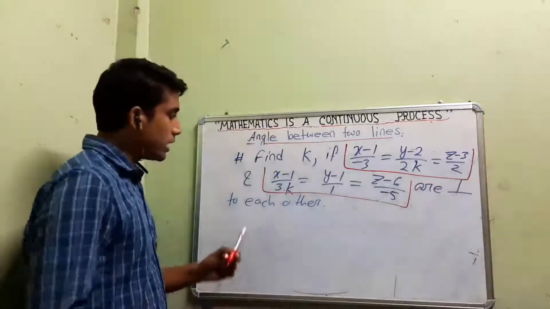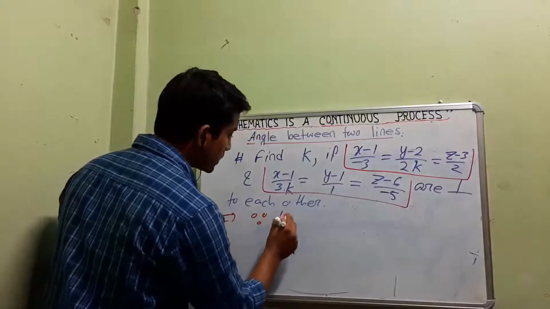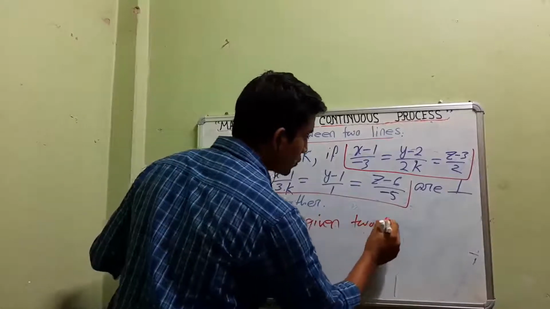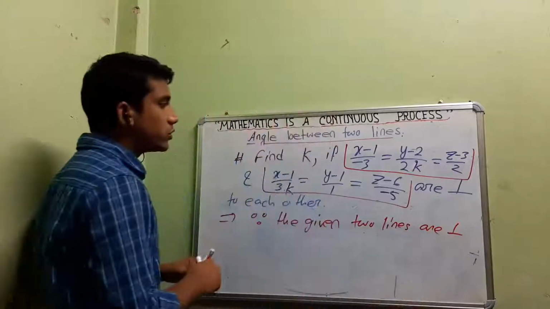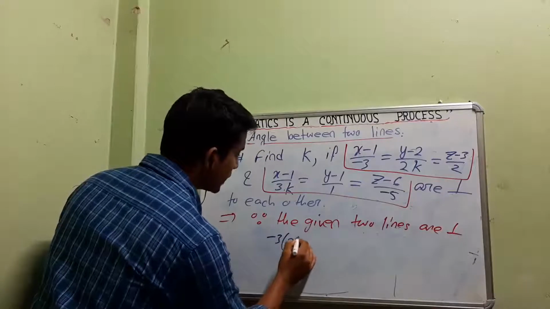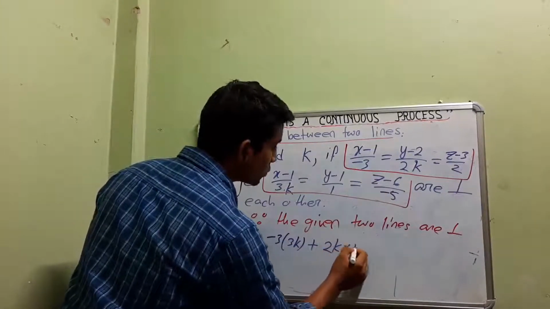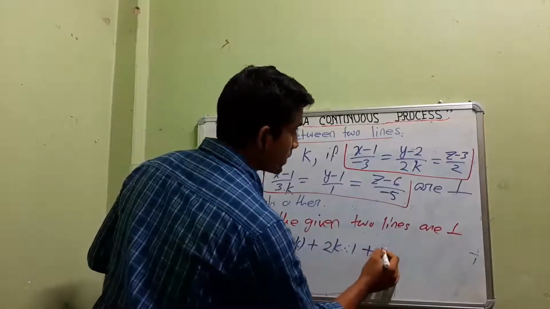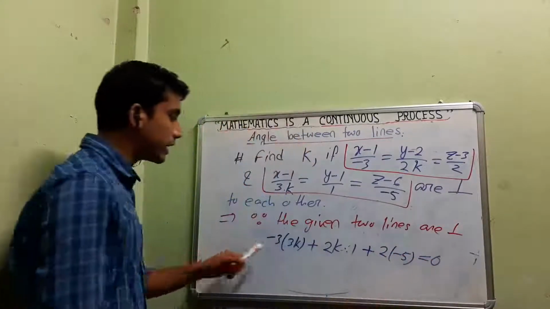Since the given two lines are perpendicular to each other, the sum of the products of their direction ratios, that means minus 3 into 3k, plus 2k into 1, plus 2 into minus 5, would be equal to 0. From that condition we will get the value of k.